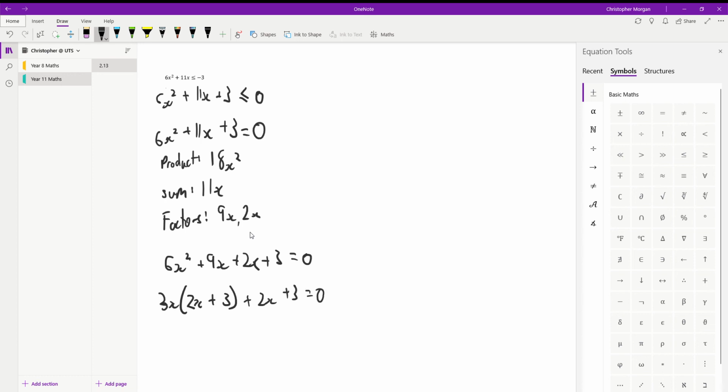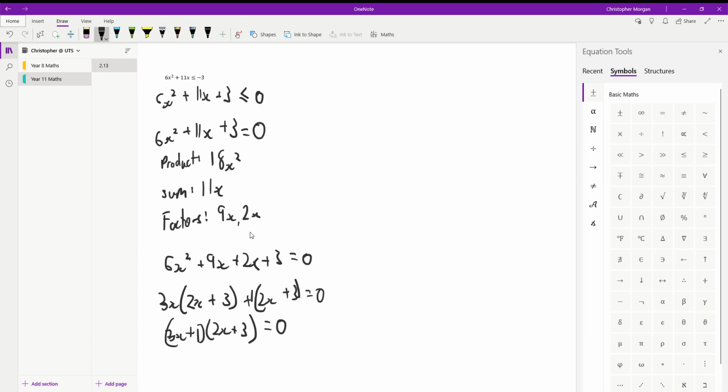Okay, we can factorize that again, and we have 3x plus 1 multiplied by 2x plus 3, because that over here has a 1 out in front. Okay, so 3x plus 1, 2x plus 3 equals 0.